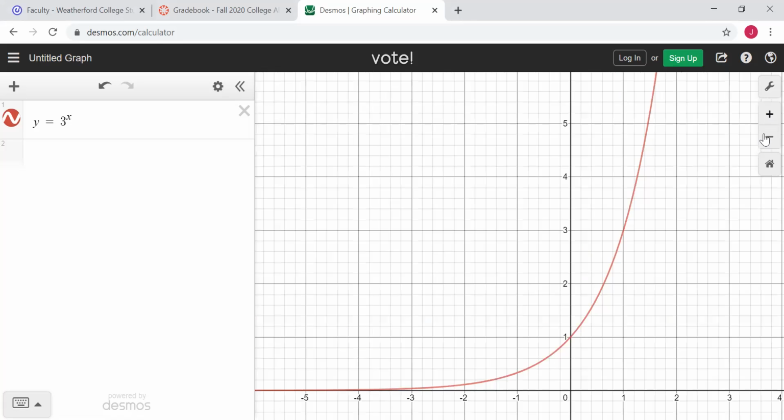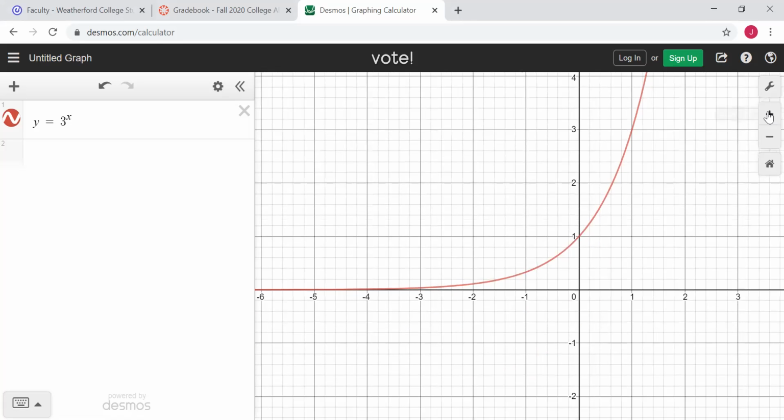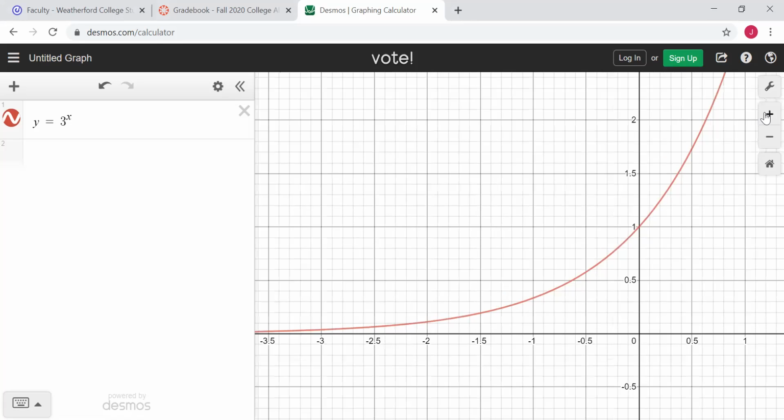What else? A few other things to note, some of the key points. Notice that (0, 1) is a point on the graph like I promised. If I plug in an x value of 0, it produces a y value of 1. If I plug in an x value of negative 1, then you're going to have a y value of 1/3, 1 over b.